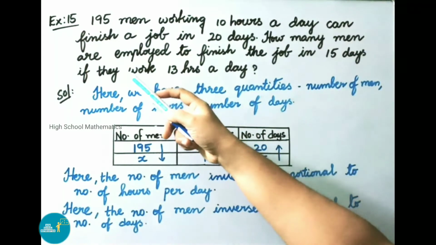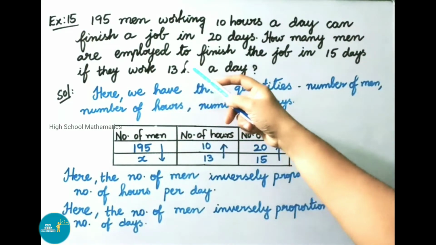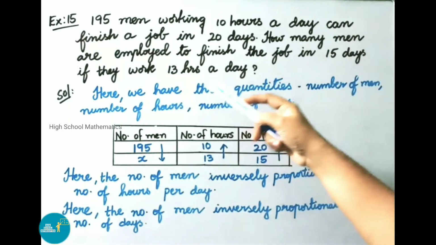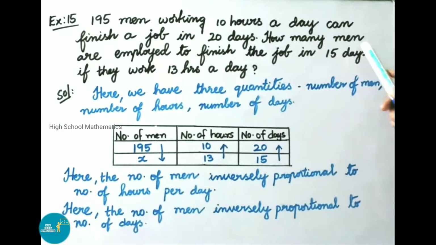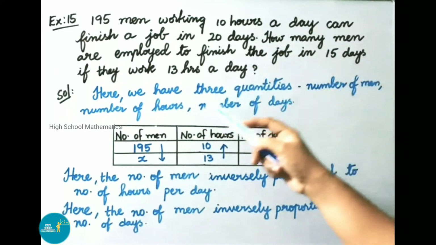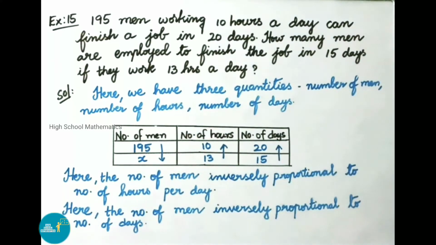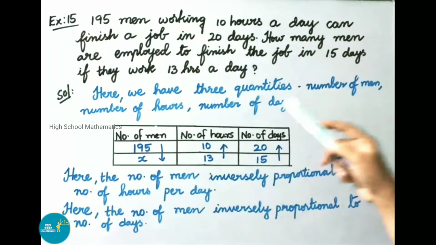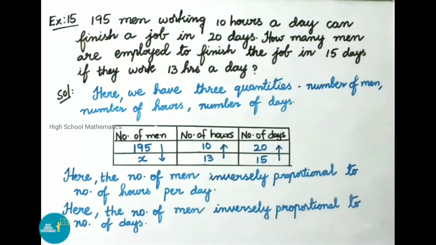See now example 15. 195 men working 10 hours a day can finish a job in 20 days. How many men are employed to finish the job in 15 days if they work 13 hours a day? Let us see the solution. Here we have three quantities, that is number of men, number of hours and number of days.